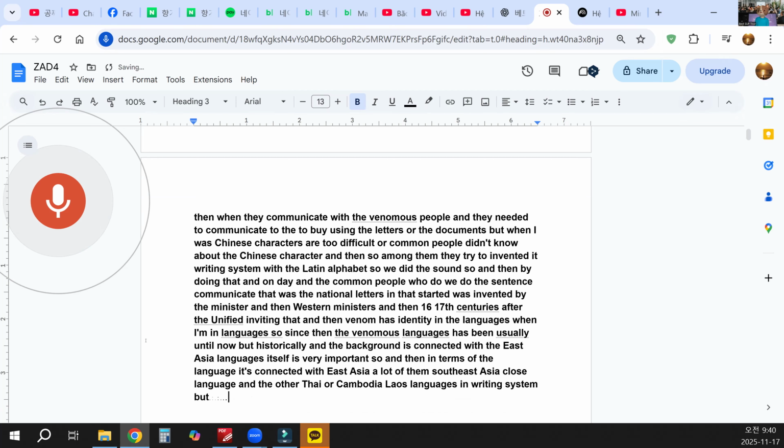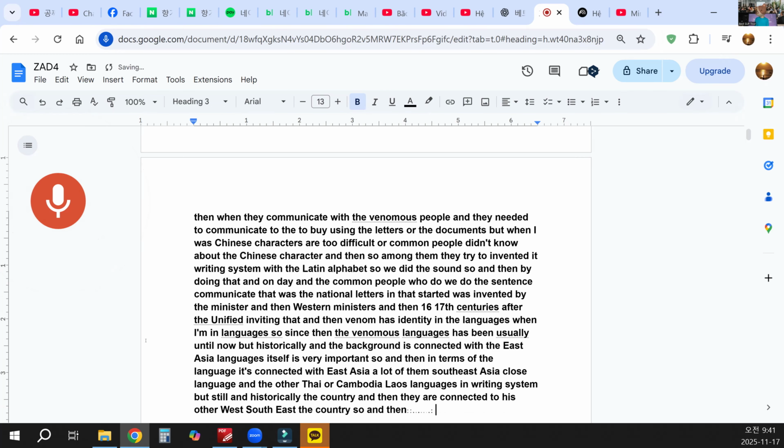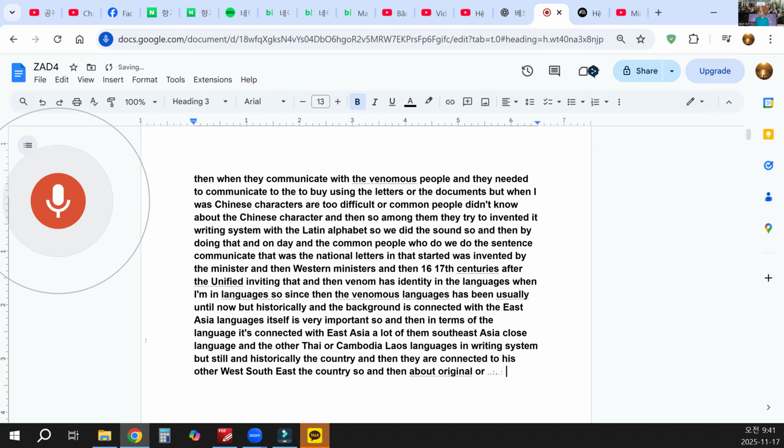But still, historically, the country of Champa, in the middle and southern area, was connected with the other western Southeast Asian countries. So knowing about the origin and culture of the Vietnamese language is very academic and very difficult to understand. It is researched and also very academic.